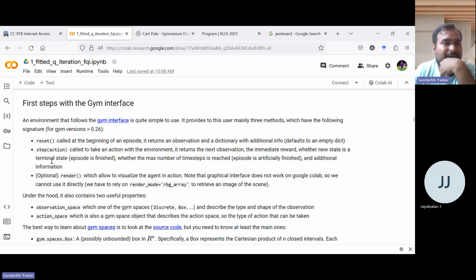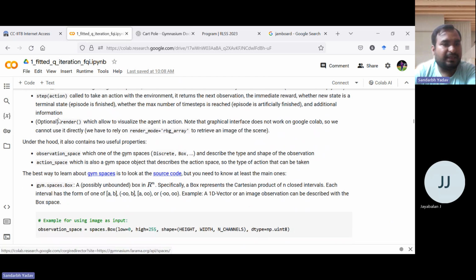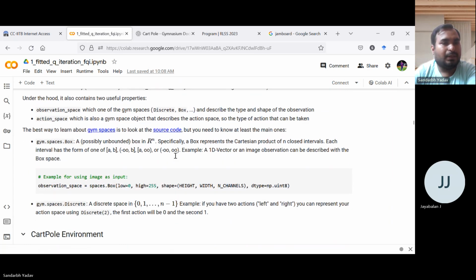We will see all that this step function returns in detail later; this is just a brief overview. And there is render, but this generally doesn't work on Google Colab, so leave it.